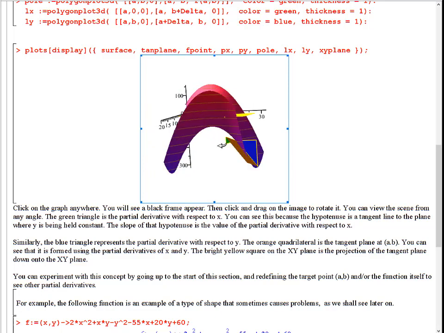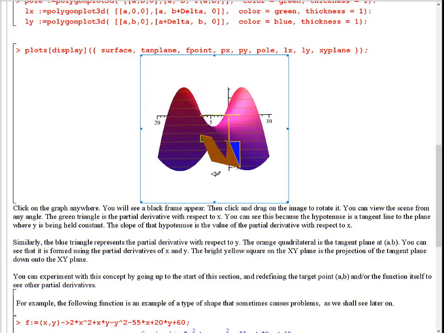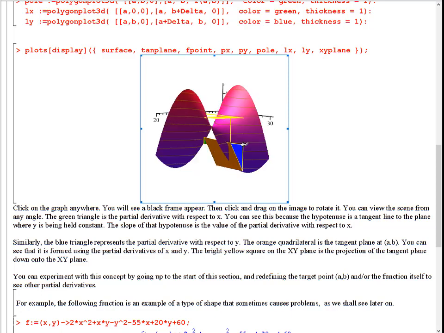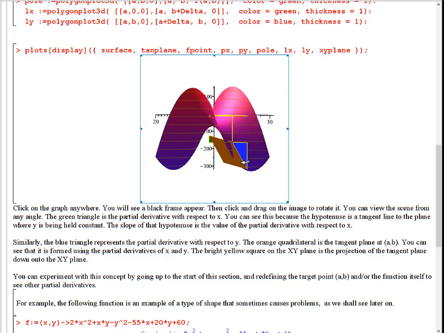Then we imagine keeping x fixed at 9 and increasing y this time. Now we get a completely different picture, because if you go in the y direction, you're going down, and down quite steeply. So the partial derivative in the y direction would be quite large and negative. So you've got a positive derivative in the x direction because it goes upwards, and a negative derivative in the y direction because it goes downwards.